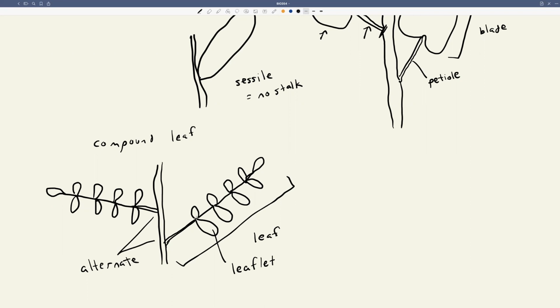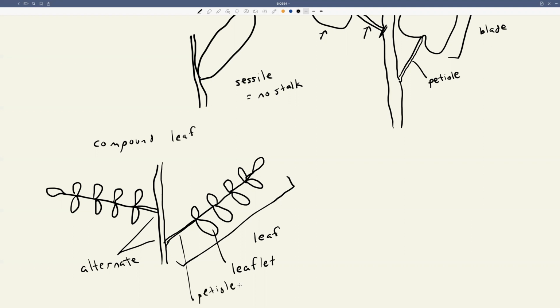And the phyllotaxis of leaflets, I don't often see that come up in keys for identifying, but it could be useful. Maybe it'd be described as opposite leaflets there. And then the leaflets here are, I guess you'd call them sessile. So the leaflets don't have stalks, but the leaf itself does in fact have a petiole.